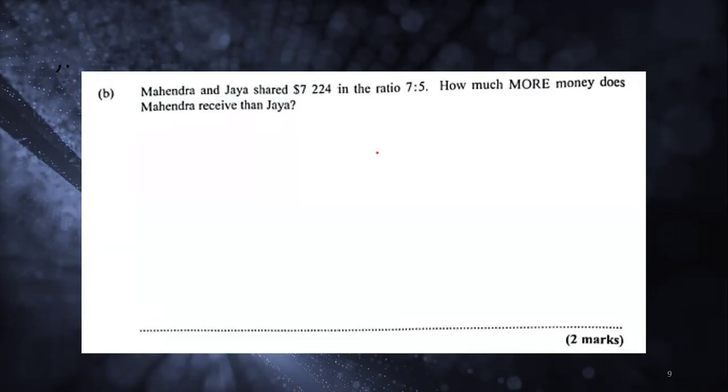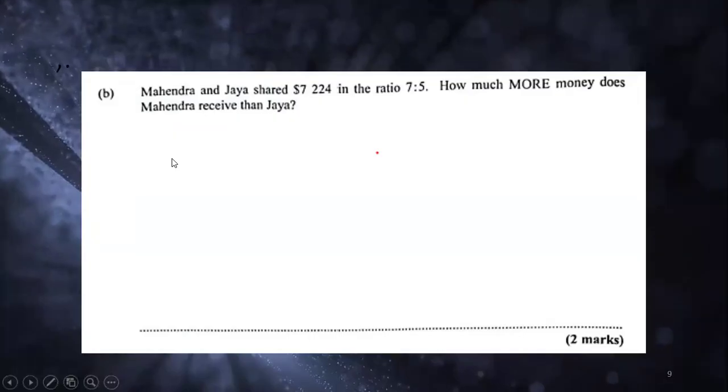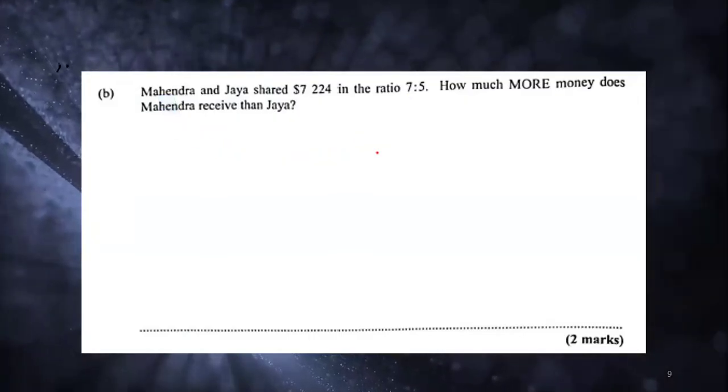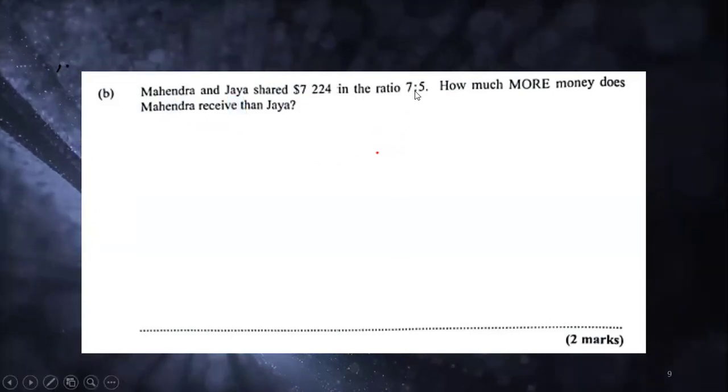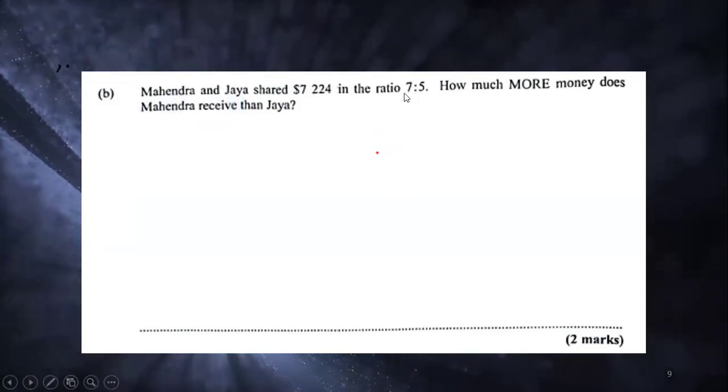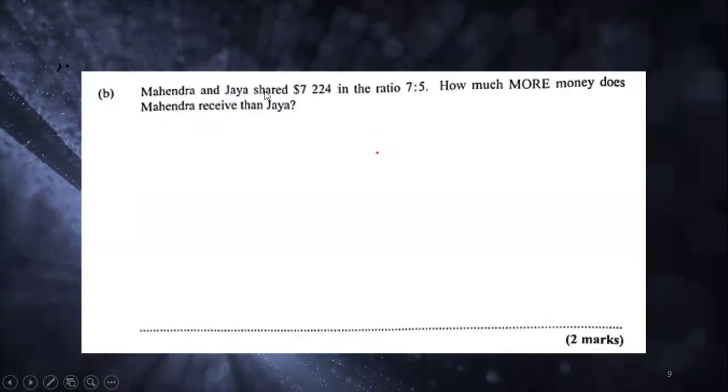First up, let's look at who gets more between Mahindra and Jaya. This all depends on how the ratio is written. Who comes first, who comes second? Mahindra gets 7 shares and Jaya gets 5 shares. Notice the ratio is written exactly in the order of who gets what.